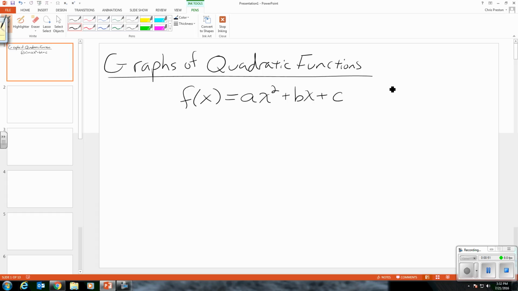Some things we need to realize about quadratic functions: these are all parabolas, and there is a location where this parabola either bottoms out or maxes out, and that location is called the vertex.